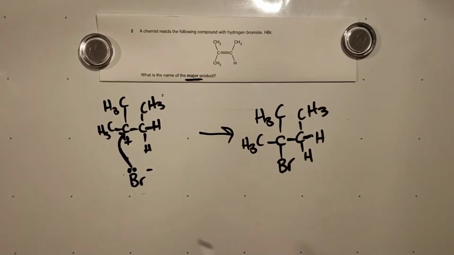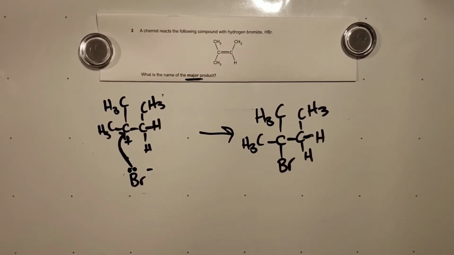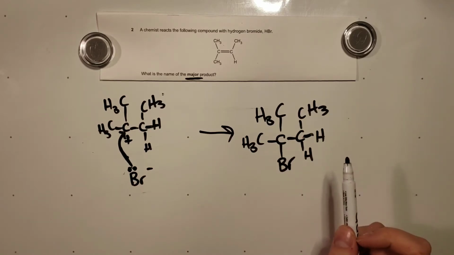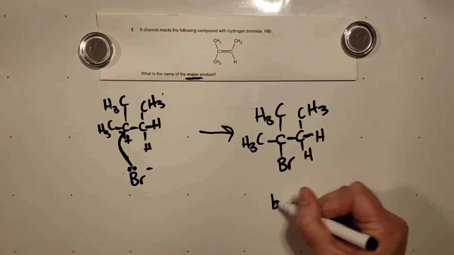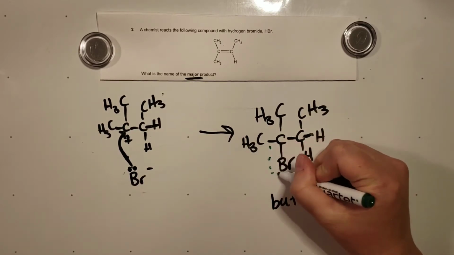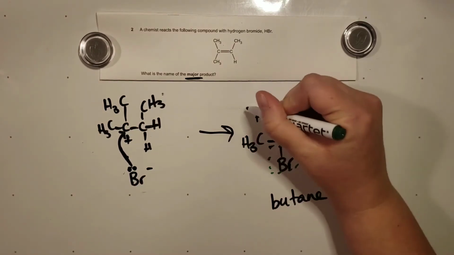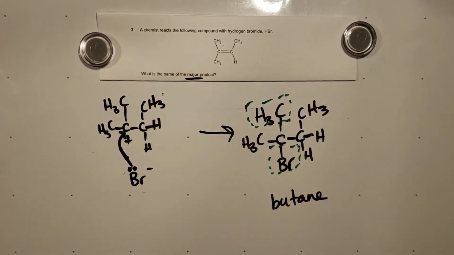And the question wants us to name it. So thinking back to our nomenclature, we're looking at the longest carbon chain, so 1, 2, 3, 4. So we're going to have a butane. And then looking at what is branching off of that main chain, we have a methyl group and we have our bromo group.